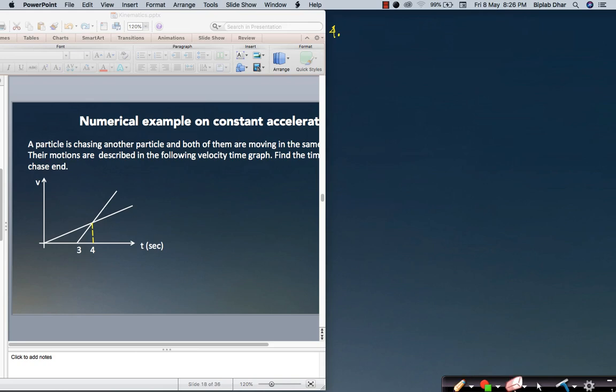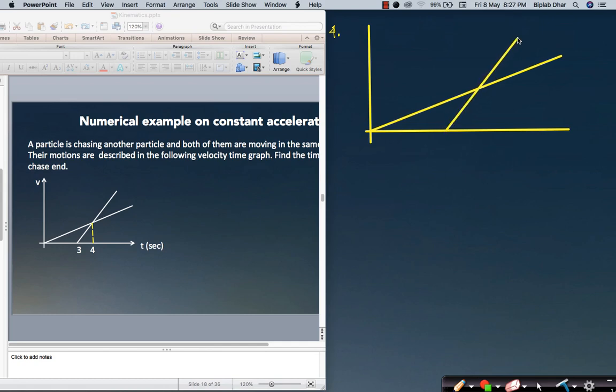As you try to solve this question, first let me draw the VT graph that is given, and we will use a simple concept that area under the VT graph gives you the displacement, right? Area under the VT graph gives you the displacement. So that is time, this is velocity. If I drop a perpendicular from here to here, this is 4, this is 3.